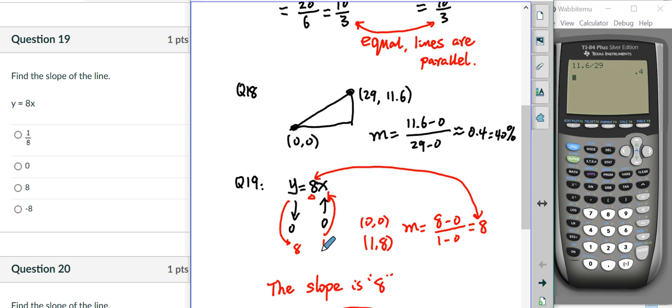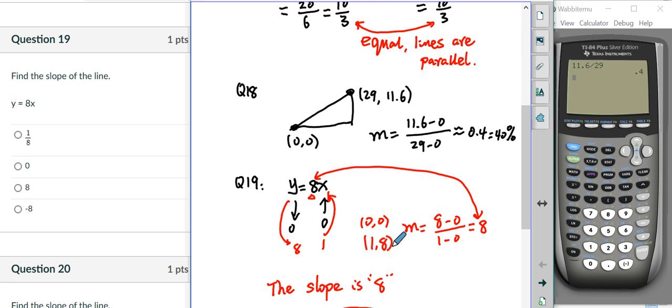I also like to put another easy point when x equals 1. If you want, you may put x equals 2. You'll get the same value. I mean for the slope, not for y. When you plug in 1 here, 8 times 1, which is 8. So you have 1, 8, x is 1, y is 8.